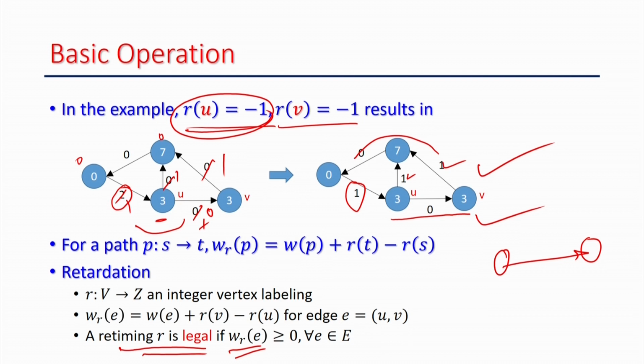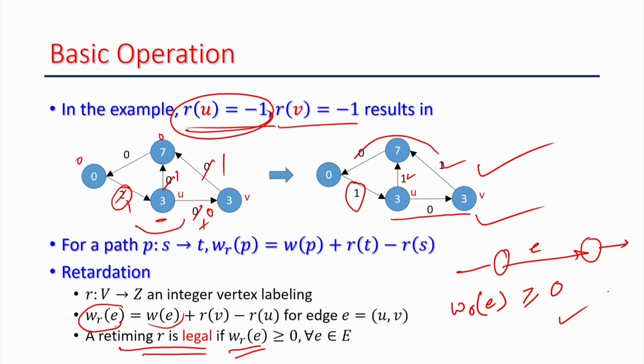So, W is the weight of the register before retiming, and W r of edge E represents the value of the weight of that particular edge after retiming, right. So, what does it say? That W r of E should be greater than or equal to 0, because your weight should not be less than 0. So, this is the first constraint.